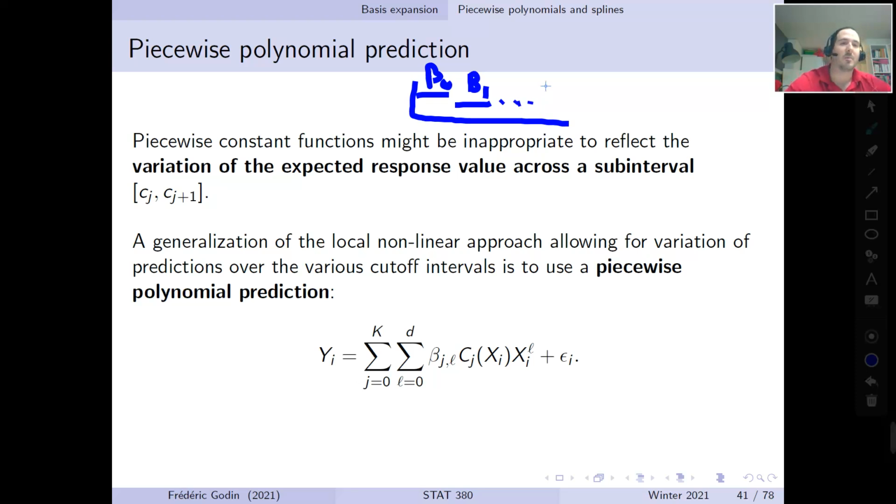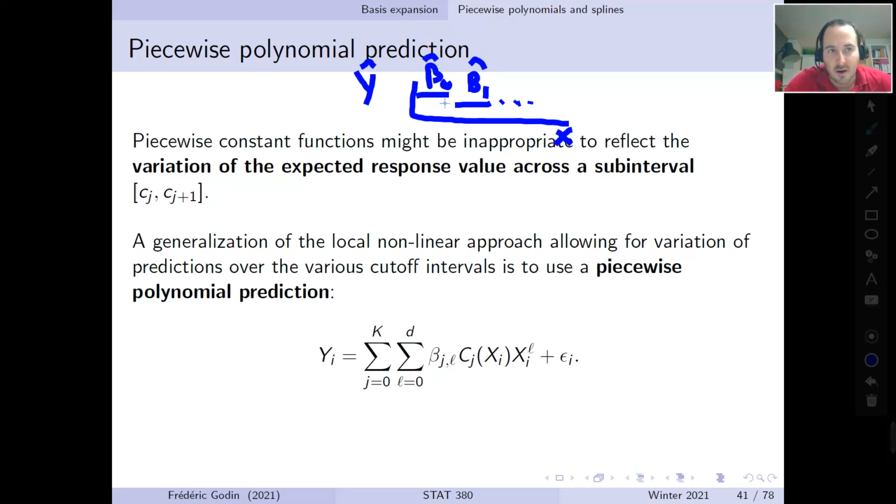So in our model, if we change the value of B1, for instance, only the prediction, so this is Y hat, this is X, you only change your predictions for a few values of X, but not for all values.